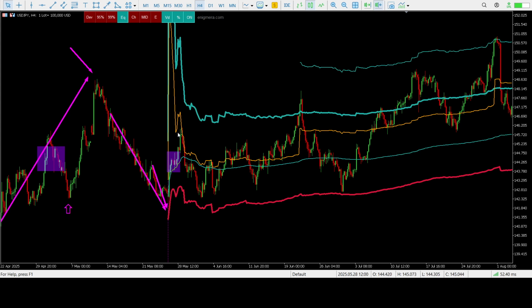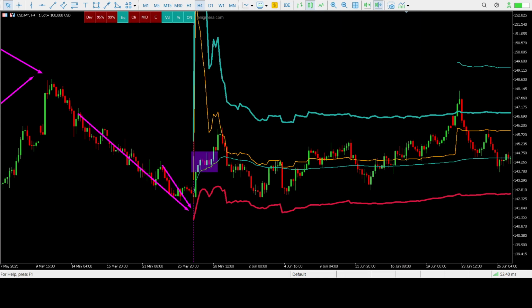The market went up, checked the equilibrium. Again, look what happened here. The market checked the liquidity and dropped again. We are looking for a signal that the market can trade on the other side. The market checked here but didn't give us this signal and dropped again.